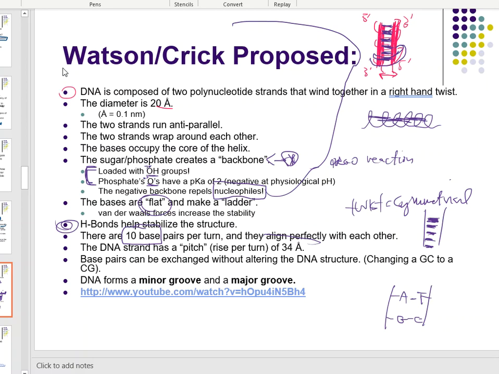If both were purines or if both were pyrimidines, what we would see is that the A and T might be squeezed a little closer together and the G and C might be a little further apart, and then the A and T would come closer together, then the G and C would come further apart, and we would get this kind of curvy structure in DNA on the outside backbone.